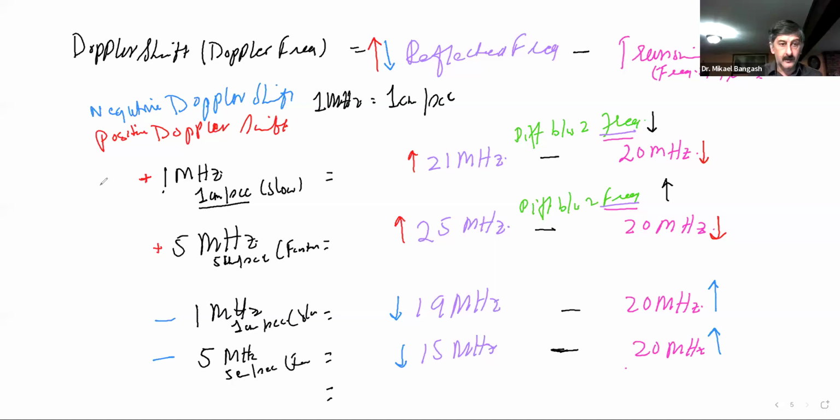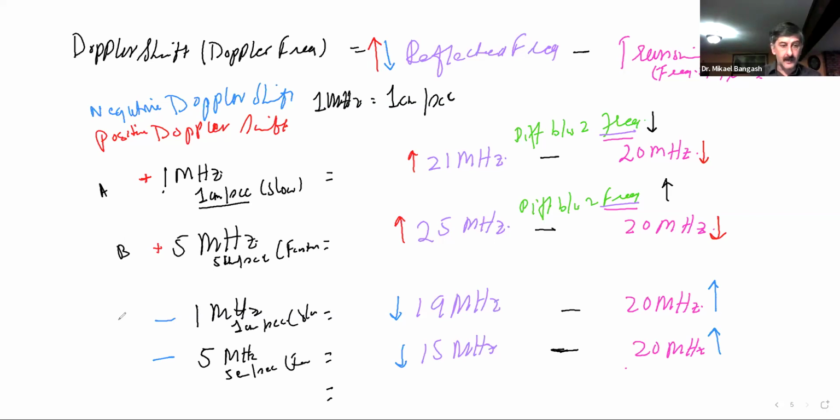The numerical difference between the two frequencies, what does that give you? The speed. What was the numerical difference here in A? 1. What was the numerical difference here in B? 5.